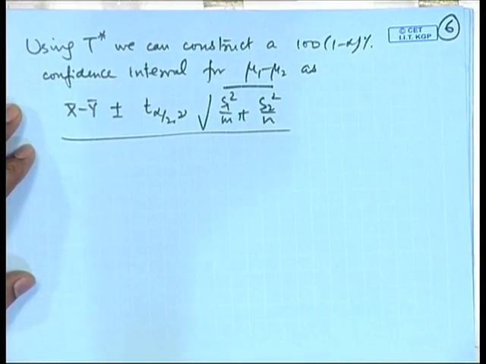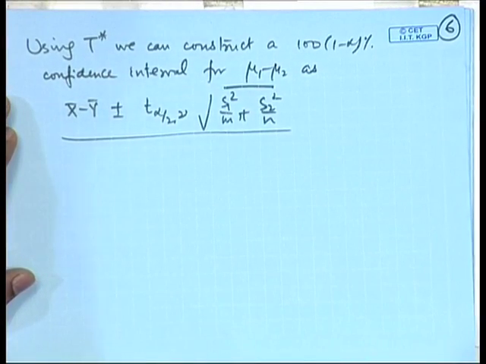This will be the confidence interval when there is no information about the equality of sigma 1 square and sigma 2 square.